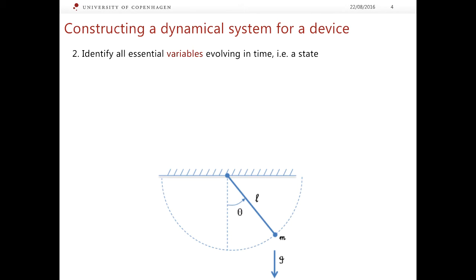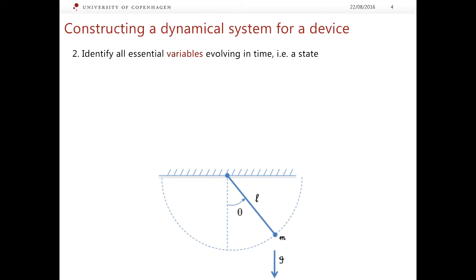The second stage involves identifying the state variables, which means that we need to identify all quantities which evolve in time, but there should be sufficiently many such quantities so that we could predict the behavior of the system at the next step.